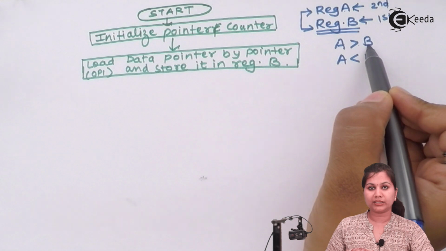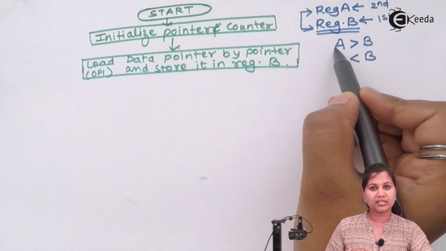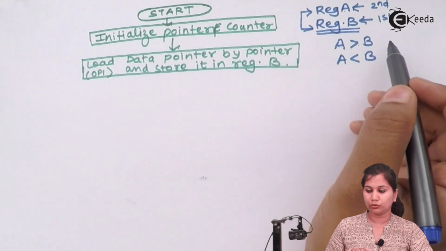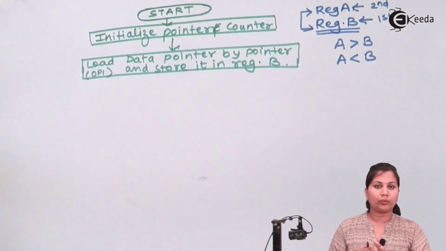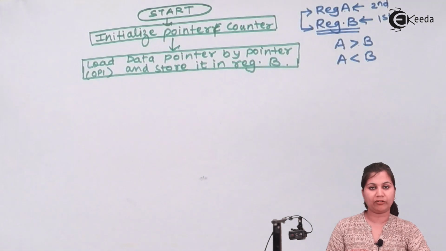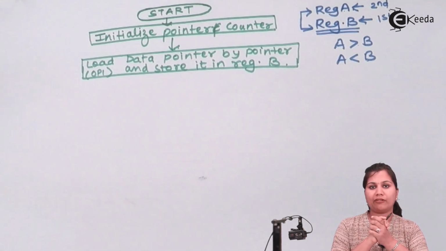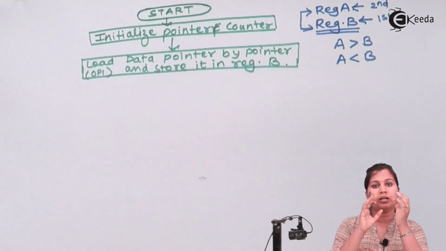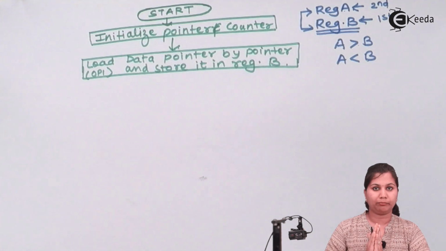So if A is greater than B, then we will exchange their contents. The number which is in the accumulator will come into B. And if B is greater than A, then no exchange will be done, because already register B has the maximum number. So our aim here is that register B always has our maximum number, so that in the end we get our answer in register B.